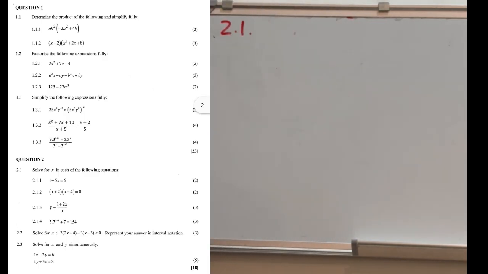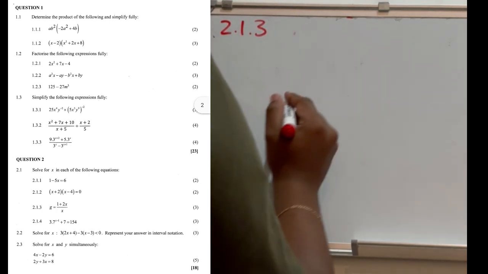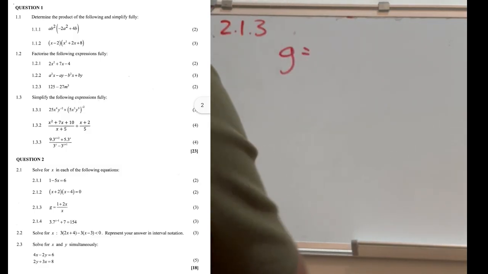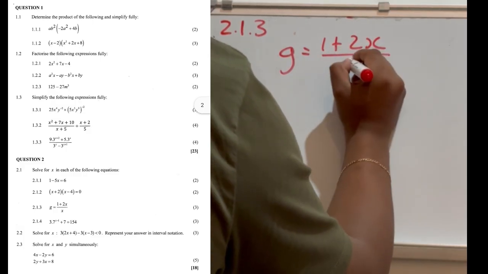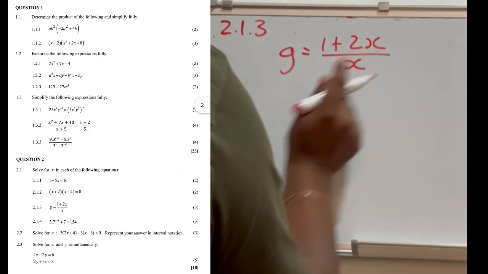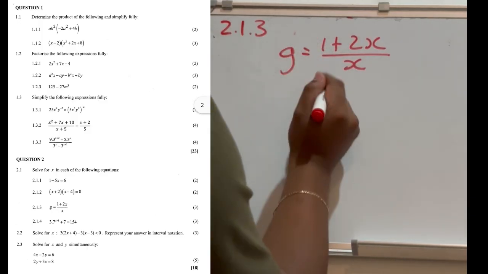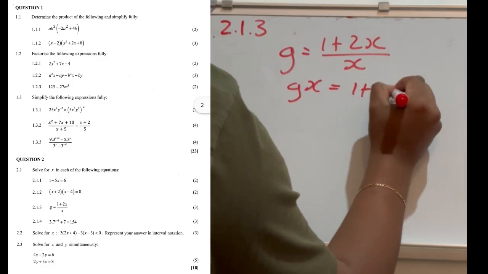So we got g is equal to 1 plus 2x over x. So the first thing here, you want to multiply this x over, so that's going to become gx is equal to 1 plus 2x.